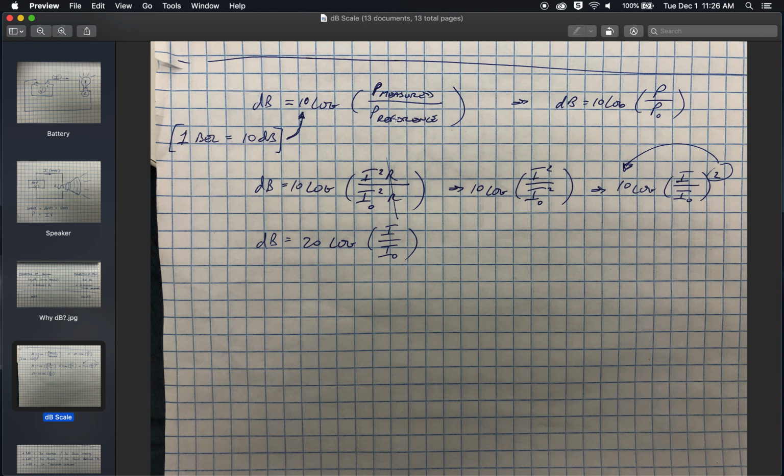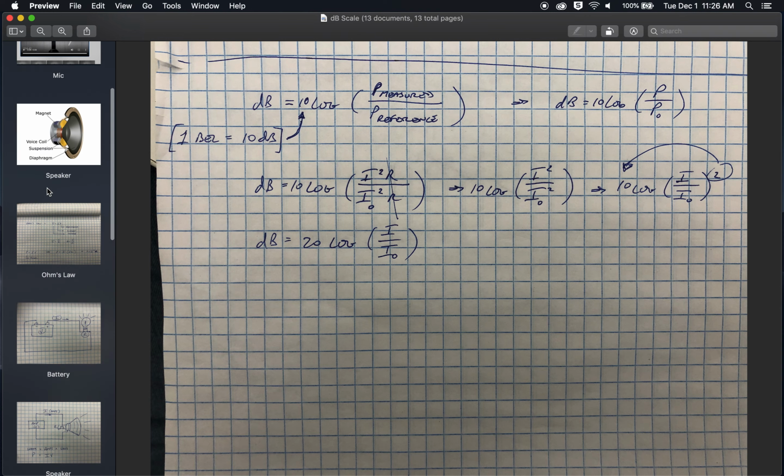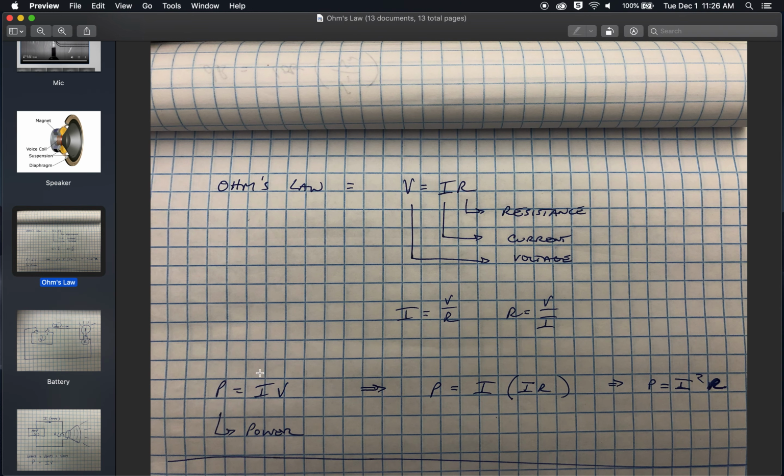But anyway, it's a ratio of power. Sometimes you'll see dB as 10 log P over P naught. Sometimes you'll see it as 20 log I over I naught, or I reference, or your starting I, where this I is intensity, not current. That's because we know that P equals I squared R, basically a derivation of Ohm's law.